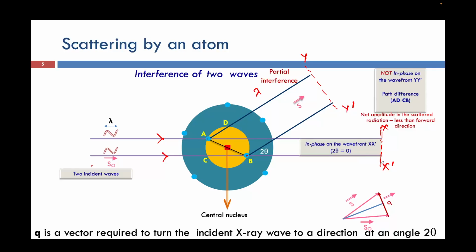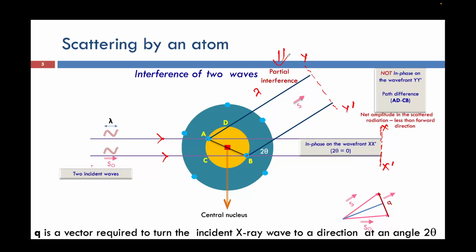Why phase difference? Because my path difference will give me the phase difference, and my phase difference will give me interference, whether it is constructive, destructive, or partial interference. And from interference I will get amplitude, and from amplitude I will get the intensity which my detector can detect.